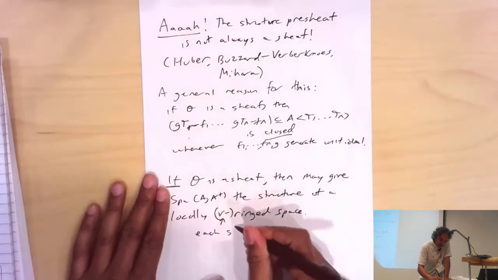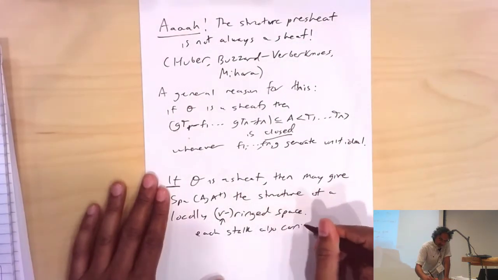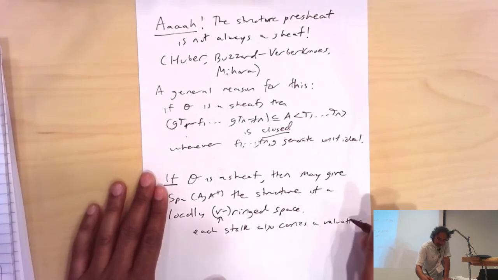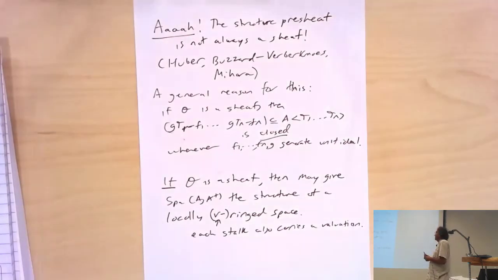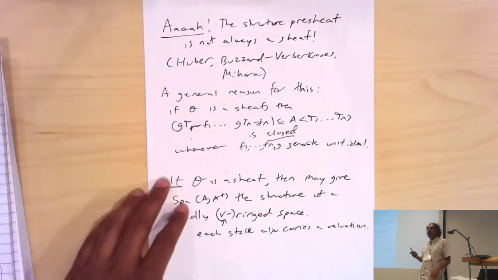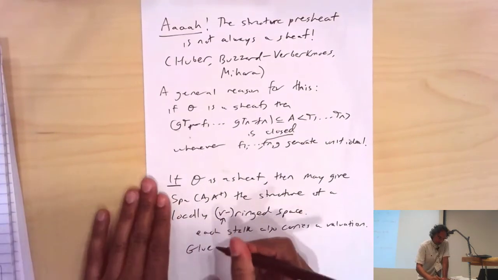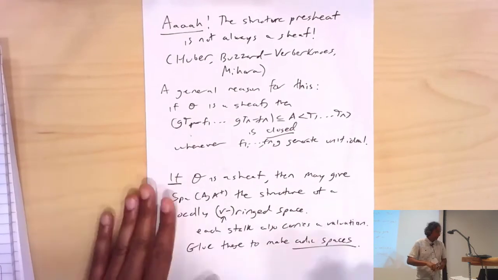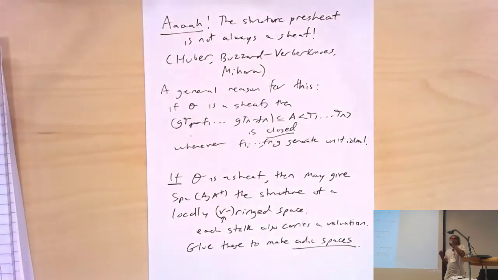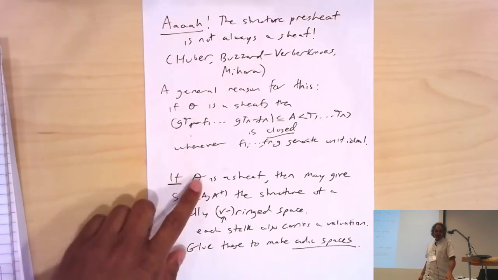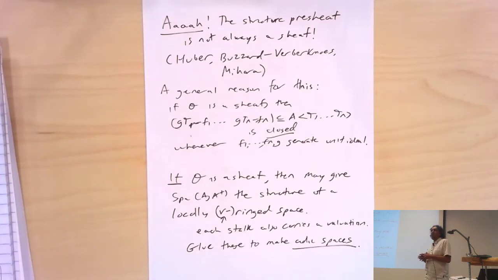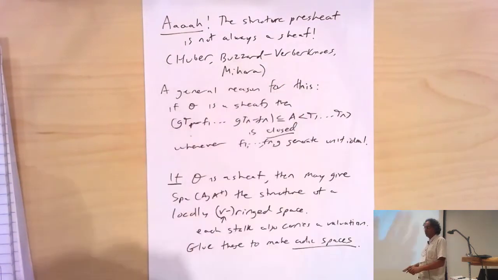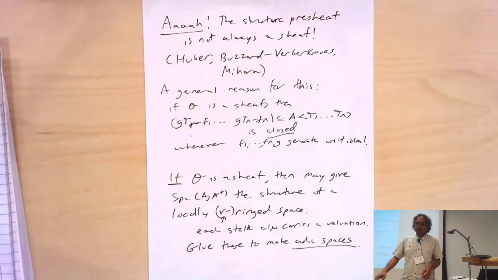Actually, each stalk also carries a canonical valuation coming from the valuations that we used to define Spa. And then when you glue these things, these are what you call adic spaces. Okay, so provided that you have a sheaf, then we can continue with the program, take these spaces, try to put them together. You might have some questions about this, like what about cohomology and so on. We'll come back to those.